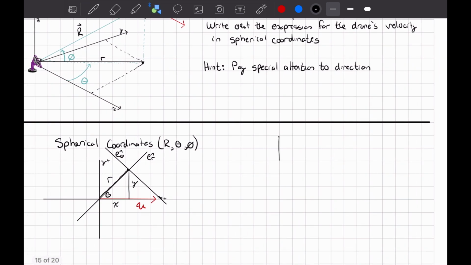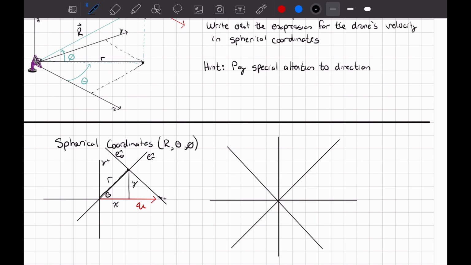So maybe just to clean it up, I'll redraw what we have. So we got positive y, positive x, positive little r, and positive theta. There we go. Just to make that a little more clear.